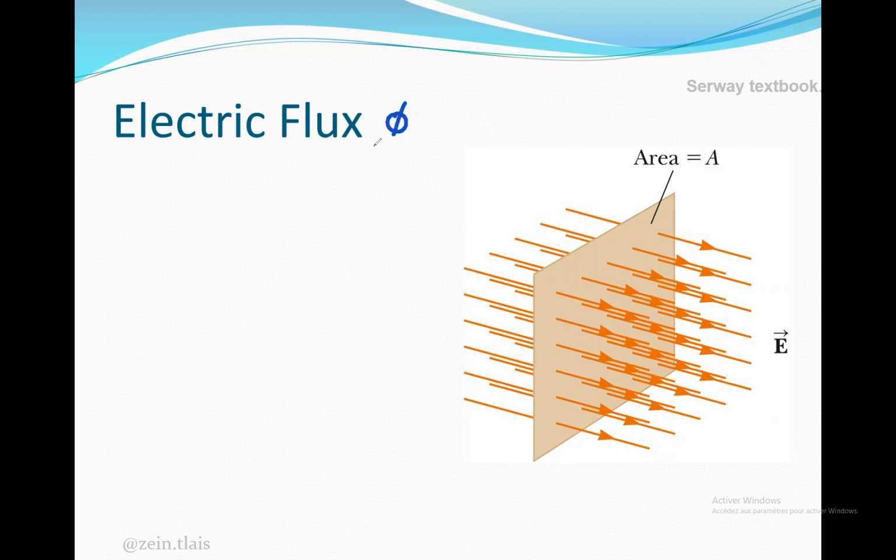Here we are studying the electric field flux phi E. By definition, the electric flux phi E is equal to the field E dot the area vector A. Here E is the electric field and A is the area of the plane.